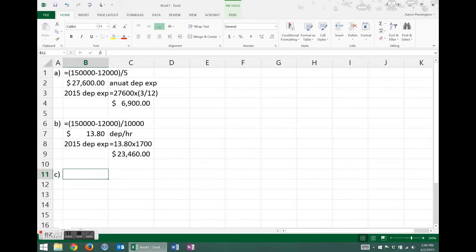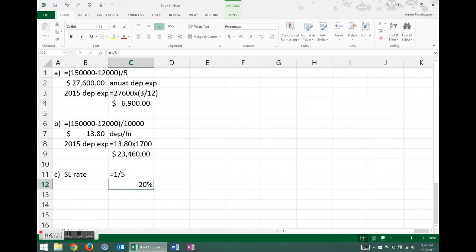Our straight line rate is always going to be equal to 1 divided by the estimated useful life. For this particular asset, 1/5 or 20%.